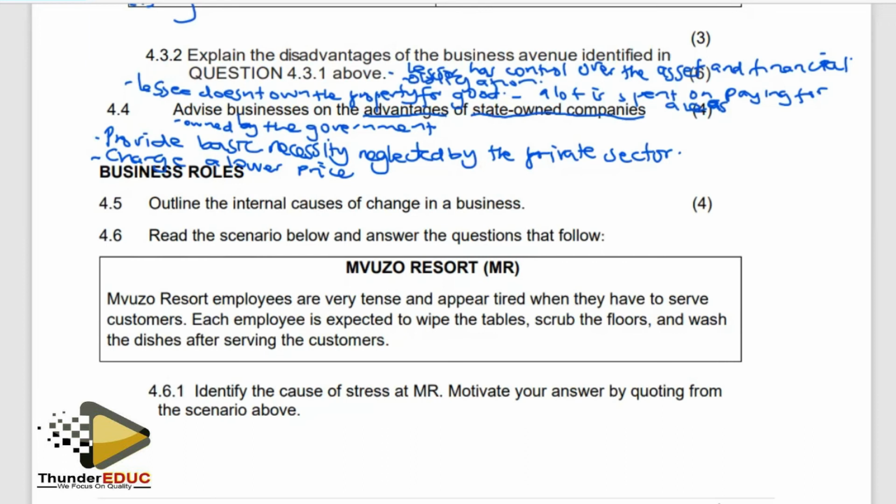They avoid duplication of services because they tend to operate as monopolists. Duplication of services is avoided.